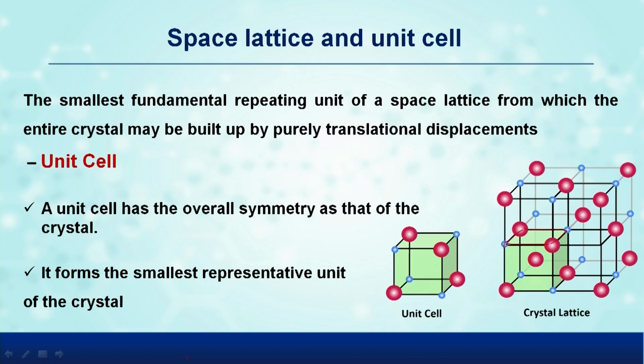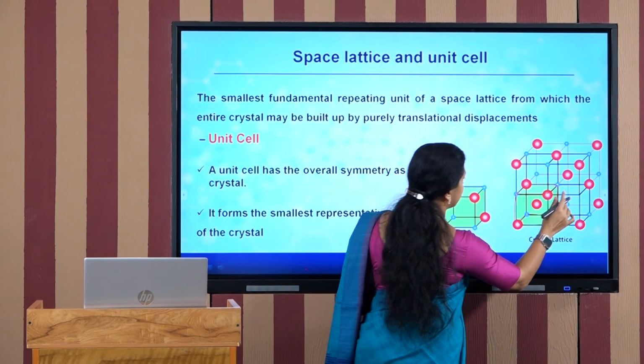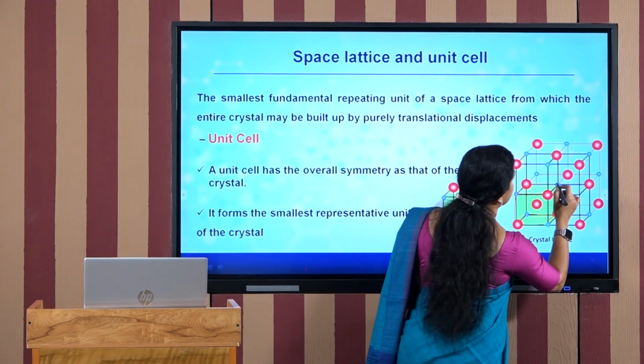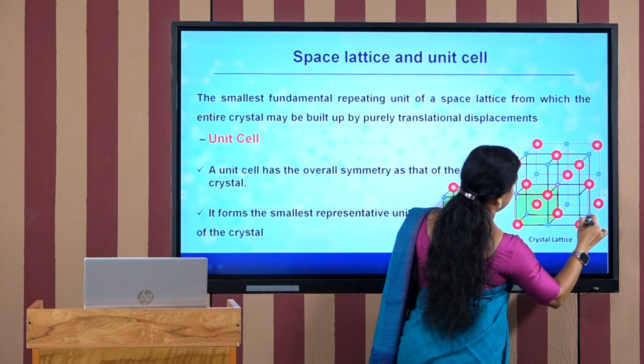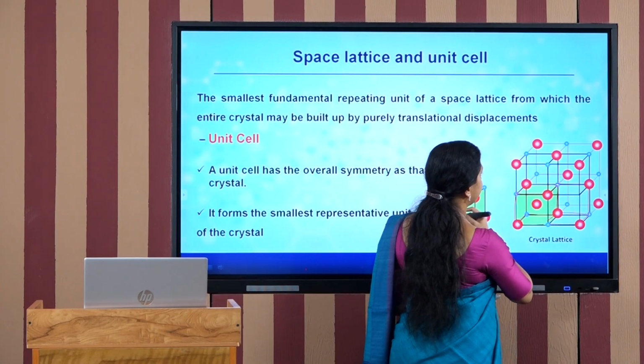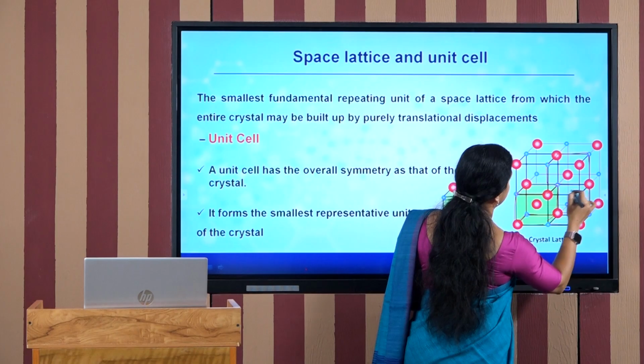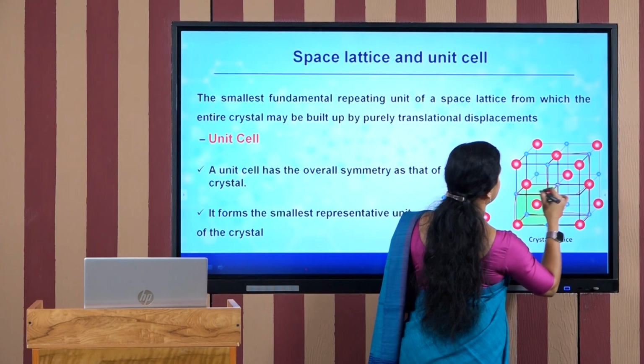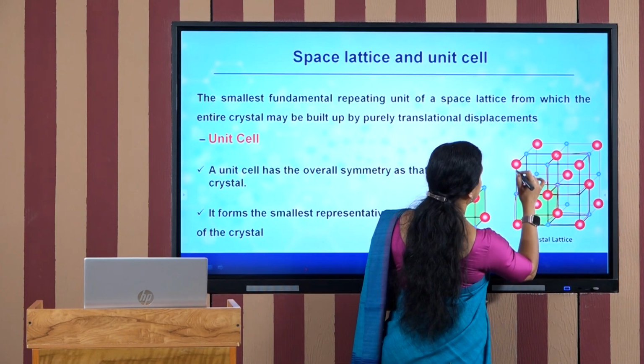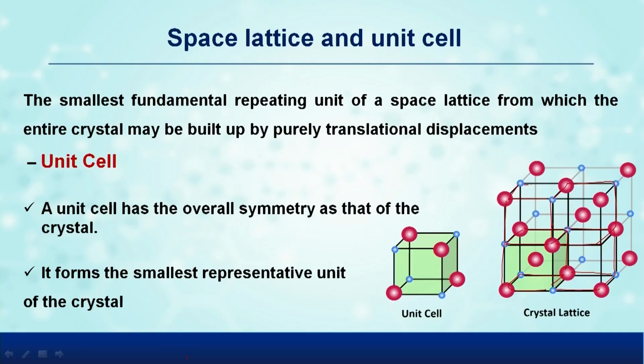As you can see, if you take this colored part, this is one cube, this is the second cube, this is the third one, and this is the fourth one. So, this space lattice is formed by a combination of 4 such cubes.